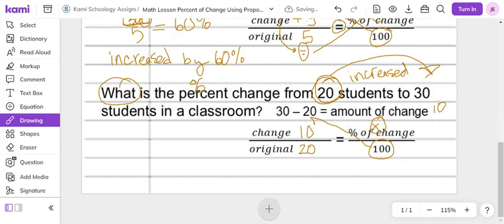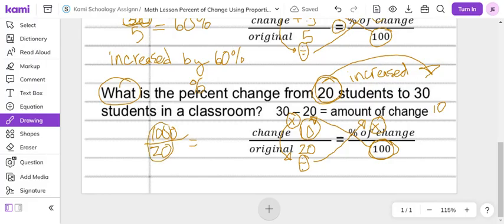And we're going to go diagonally, multiply, come around, and divide by the bottom of that ratio to help us solve. So 100 times 10 is going to be 1,000 divided by 20. And the first part of this fraction, 100 divided by 20, is going to be 5. And 0 divided by 20 is going to be 0.